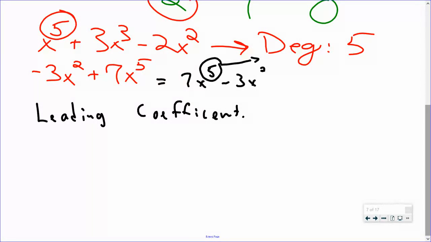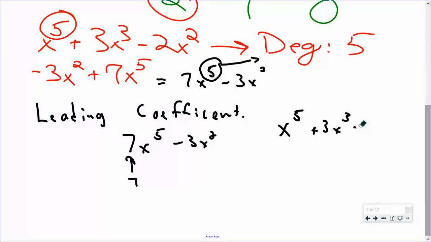Leading meaning first. So in this case, you always want to write in standard form. The leading coefficient is 7. If I have this particular polynomial, the leading coefficient is 1, degree is 5.